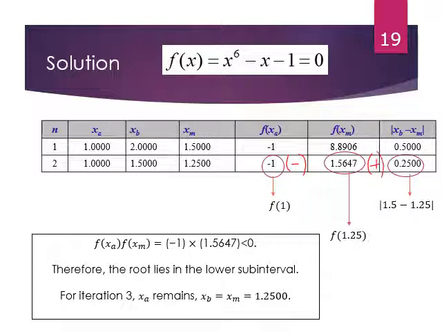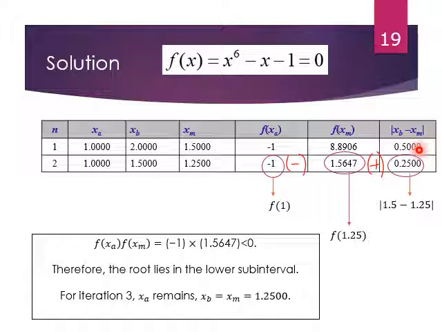So again, you can see that the multiplication of f(xa) times f(xm), minus times a positive value, is minus, which is less than 0. Therefore, in the next iteration, we should have the lower subinterval, where xa remains 1, while xb now is 1.25.